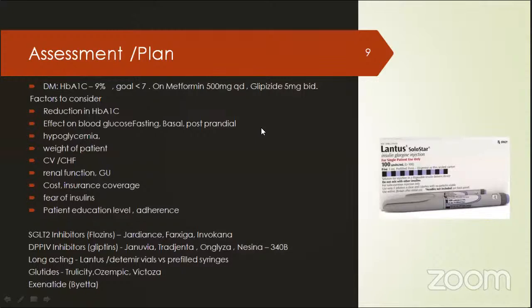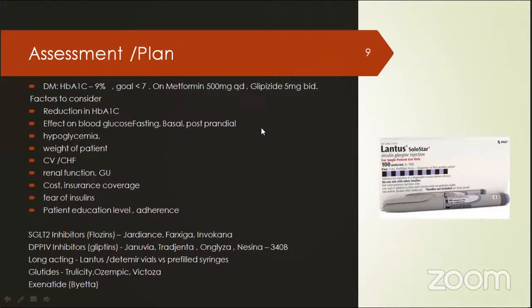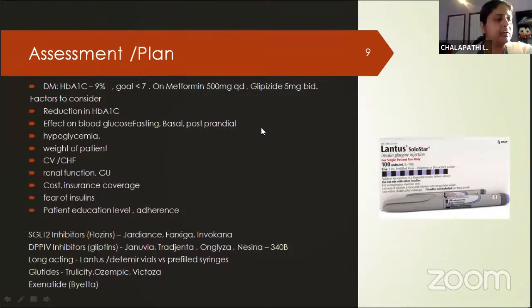After assessing the HbA1c, if needed, we can add gliptins also, ma'am, to the prescription. Okay. So how will gliptins help? How will the gliptins help here?